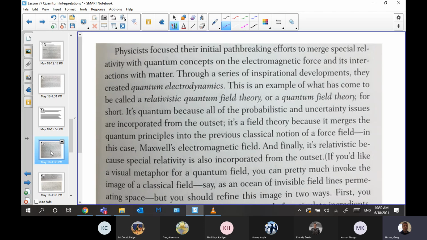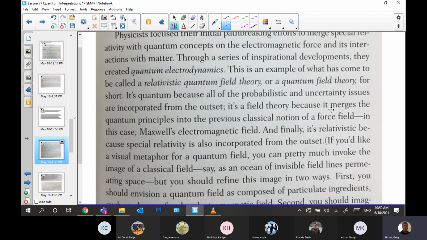This is an example of what has come to be called a relativistic quantum field theory, or a quantum field theory for short. It's quantum because of all the probabilistic and uncertainty issues that are incorporated from the outset. It's a field theory because it merges the quantum principles into a previous classical notion of a force field. So the electromagnetic equations of Maxwell's were originally just purely wave ideas, electromagnetic waves, right?